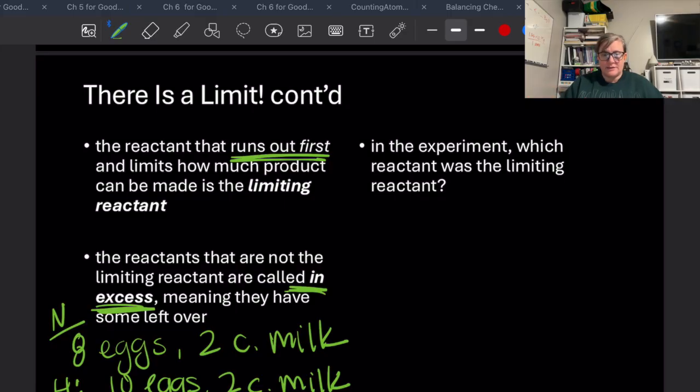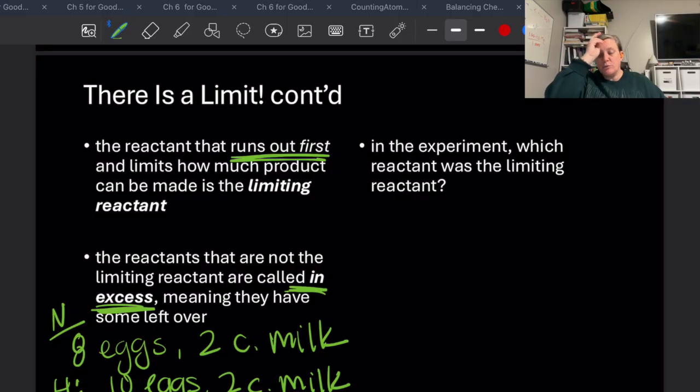We're going to have 2 eggs left over, but the milk runs out, and if the milk runs out, you can't make any more muffins. So milk in that instance would be our limiting reactant, and the eggs would be in excess.